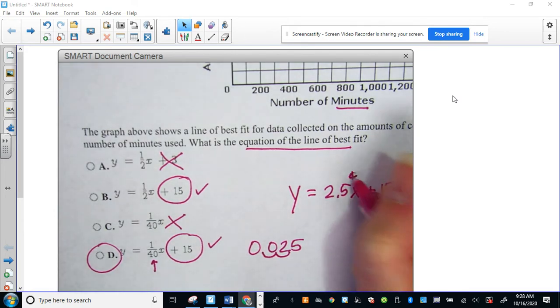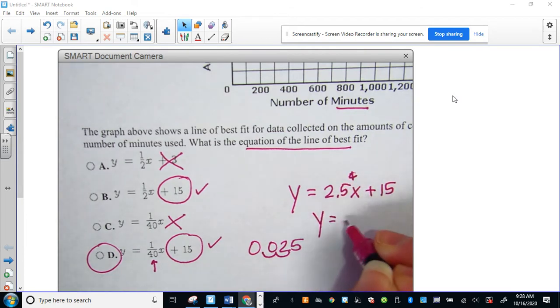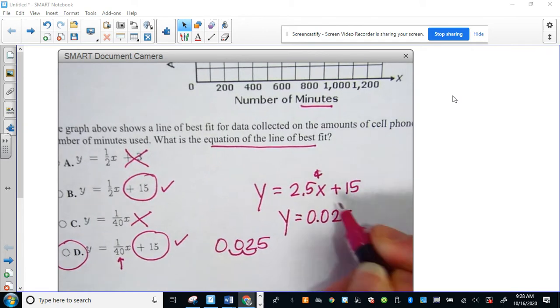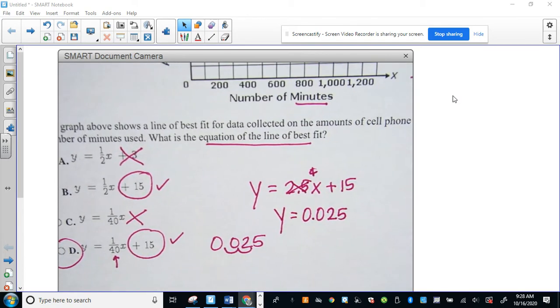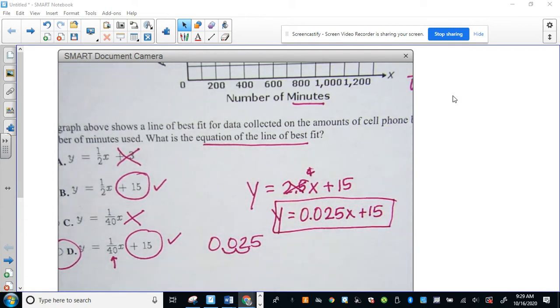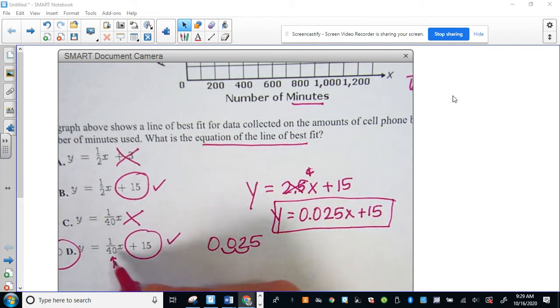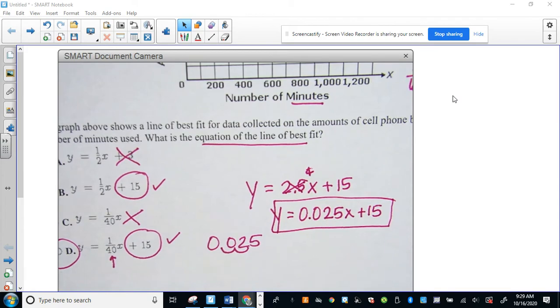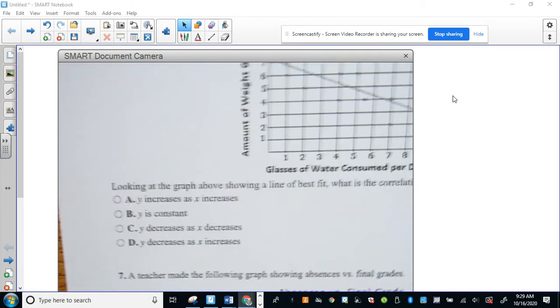This is in cents. So actually it would probably be better to do 0.025 and actually put the cents in there. That's like $2.5. So that's probably not a good idea. That would be your equation. I just changed 1 over 40 to money, make it a little more realistic. But that was number 5, and it was D.